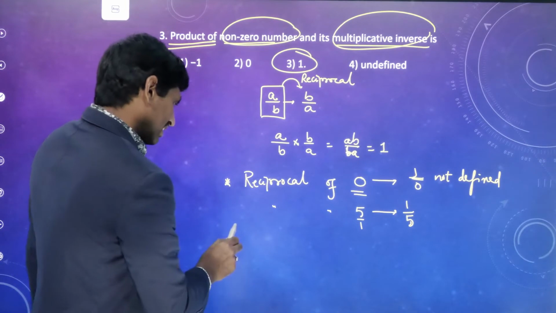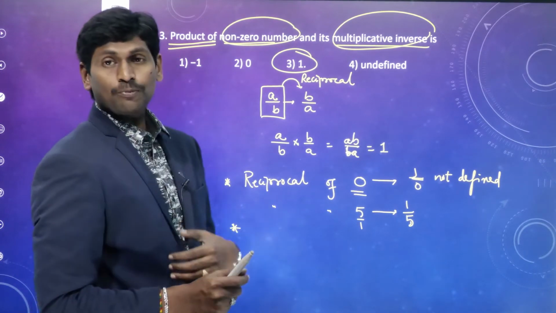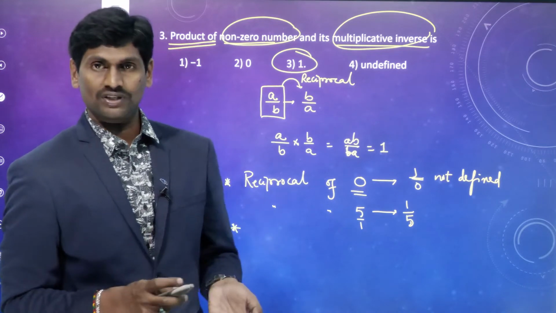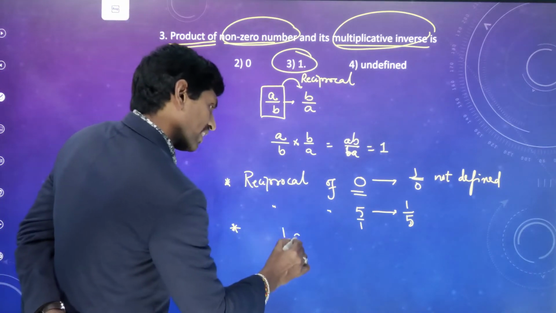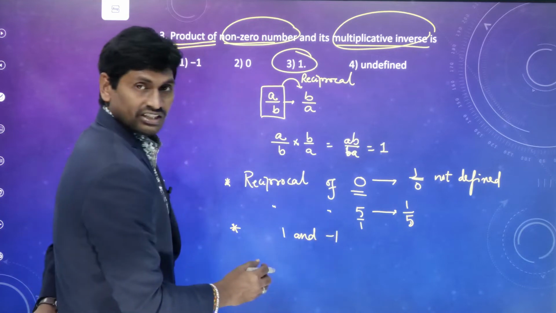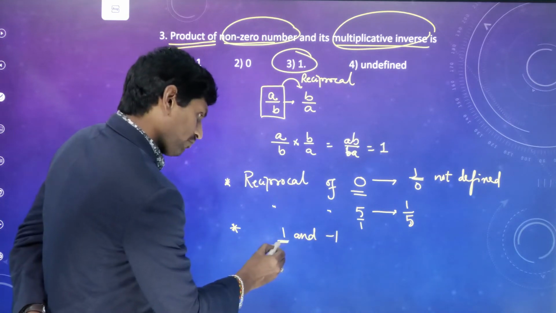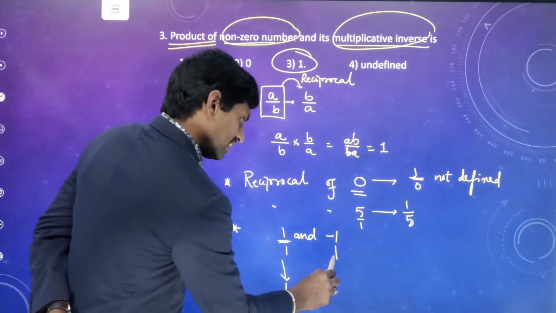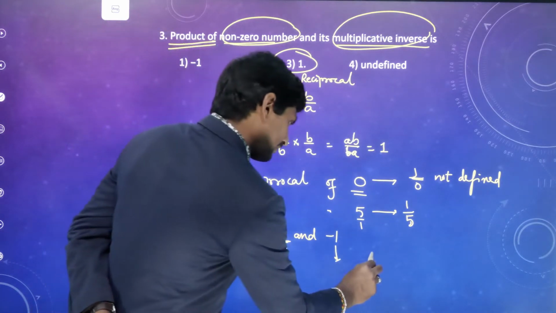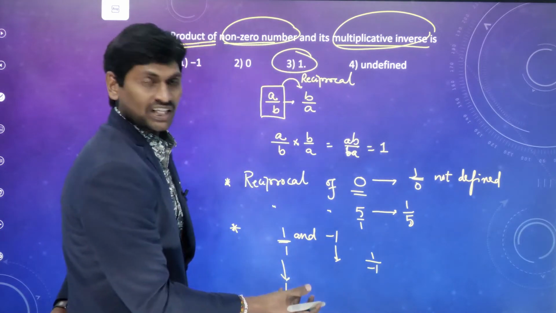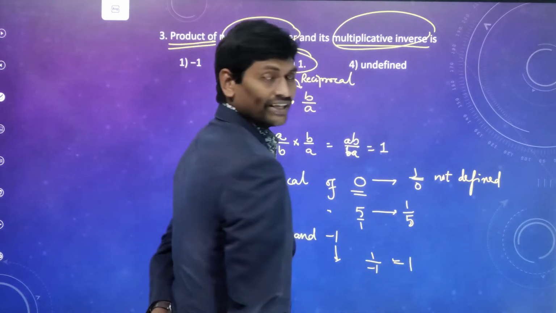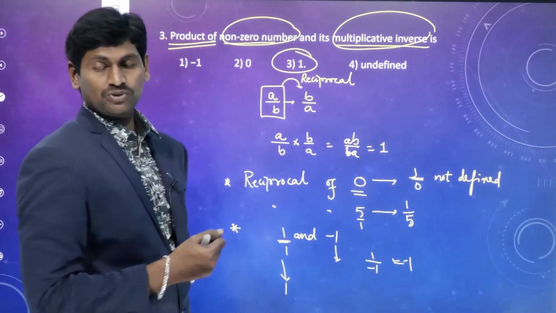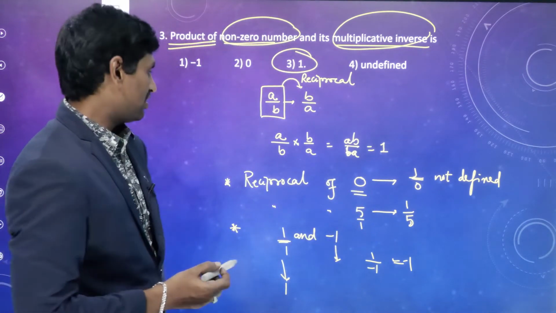Tell me the numbers whose reciprocals are the numbers themselves. Nothing but 1 and minus 1. Check: the reciprocal of 1 is again 1 only. The reciprocal of minus 1 is 1 by minus 1, which means minus 1 only, because the negative symbol should be transposed to the numerator.